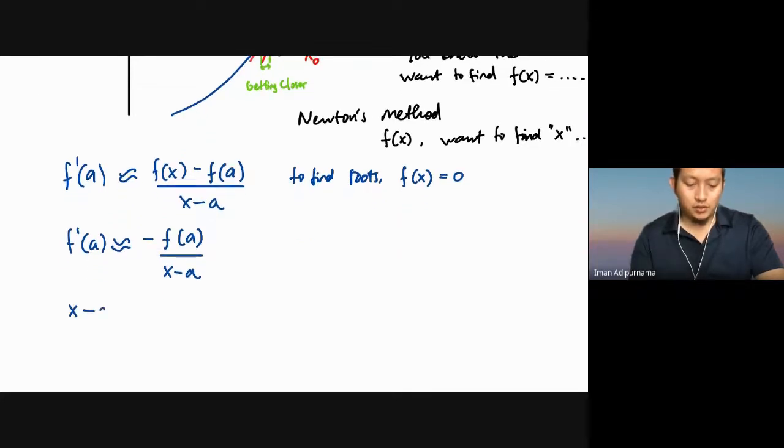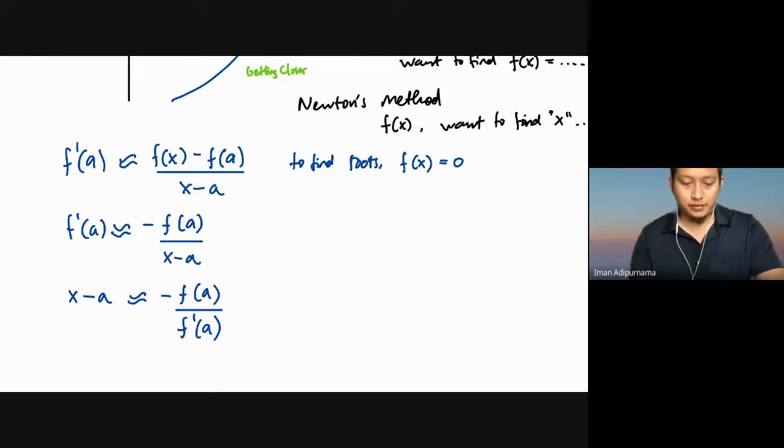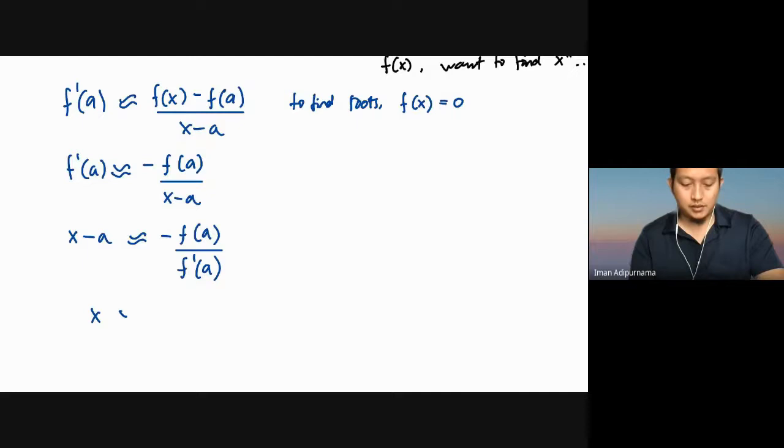And we can cross multiply. f prime will be here. Okay. And now we have x is a minus f of a over f prime a.